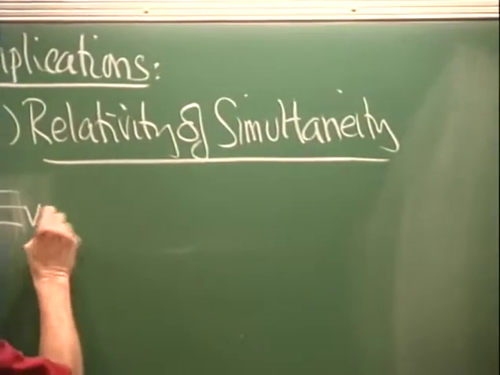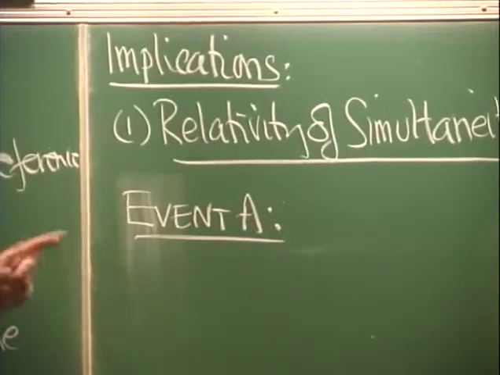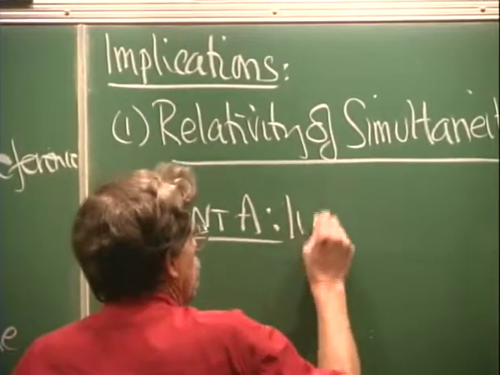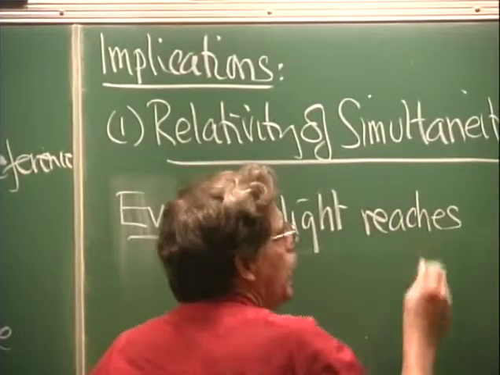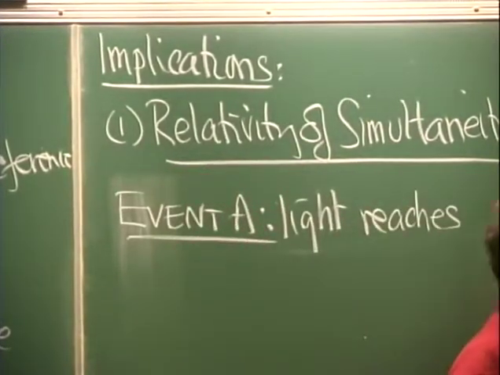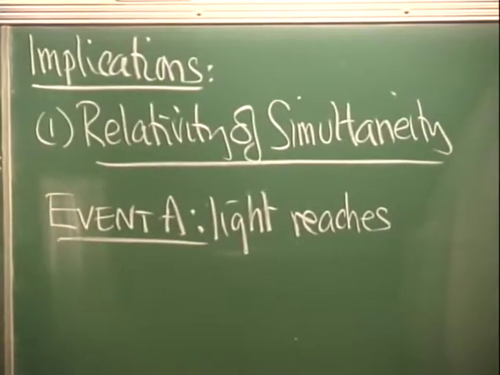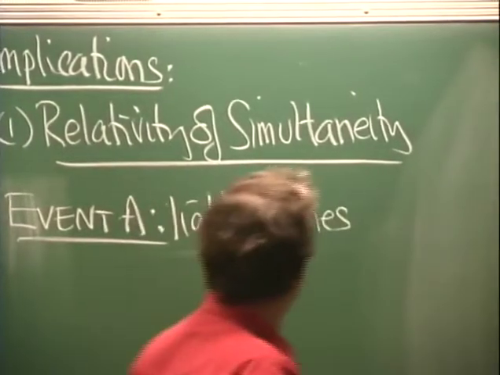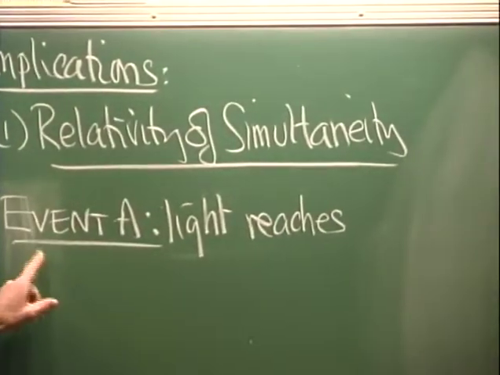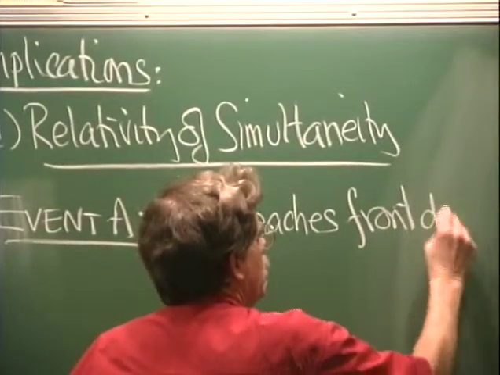Event A is that the light signal reaches the front detector. The train itself is going to be going to the right. That's why I said that's the front detector. But we're looking at it from the moment, just from the point of view of the boxcar itself. Maybe you're an observer sitting inside the boxcar. Event A, light reaches front detector.